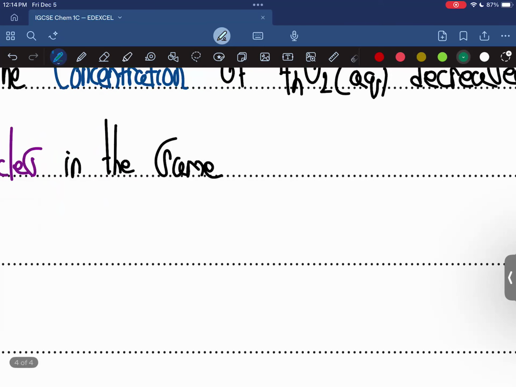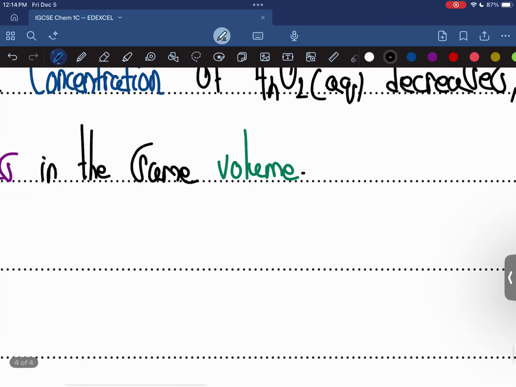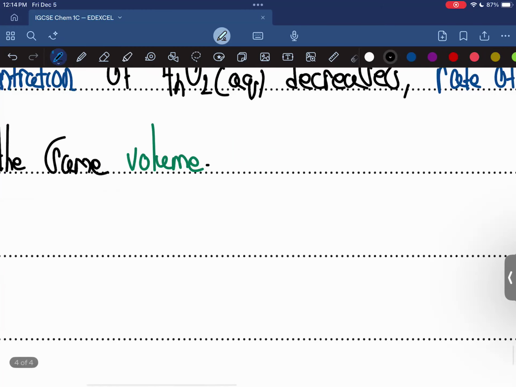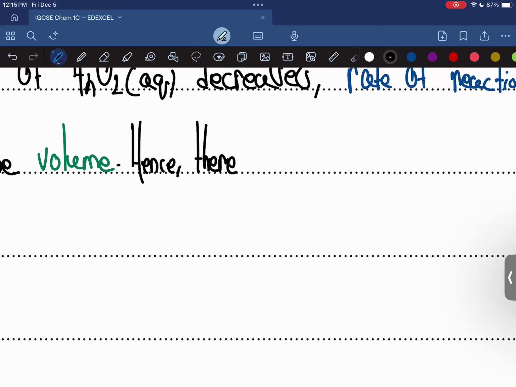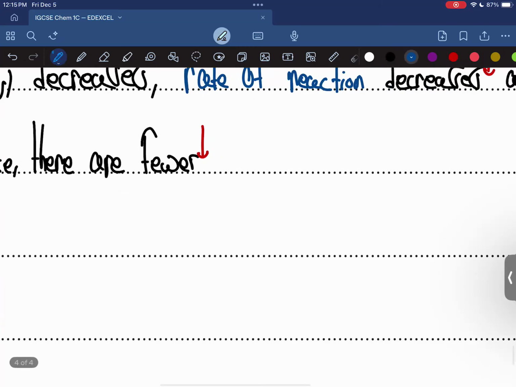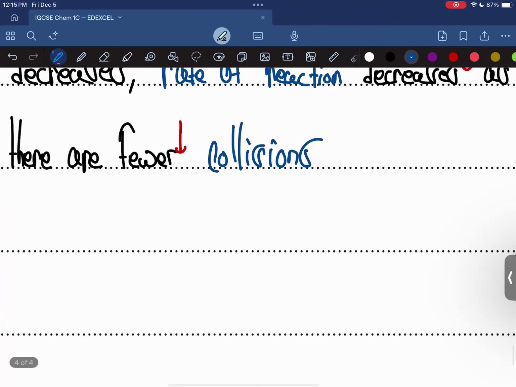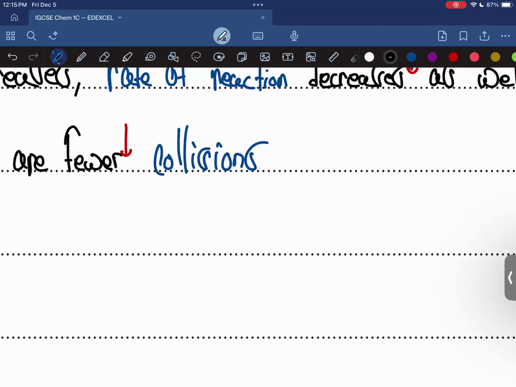Since the volume is the same, but the concentration decreases, there are fewer particles in the same volume, and hence there are fewer collisions per unit time, right? Or frequency of collision decreases.